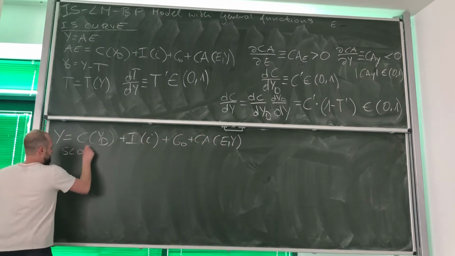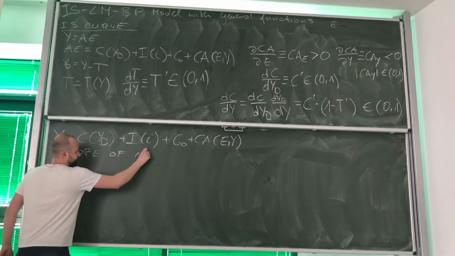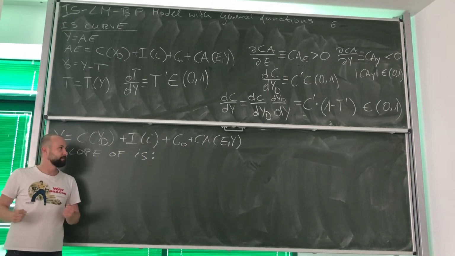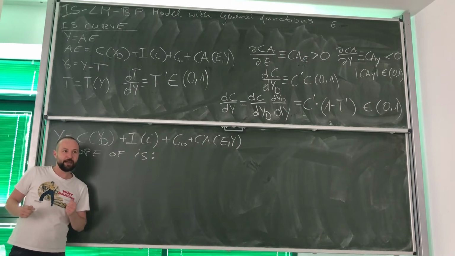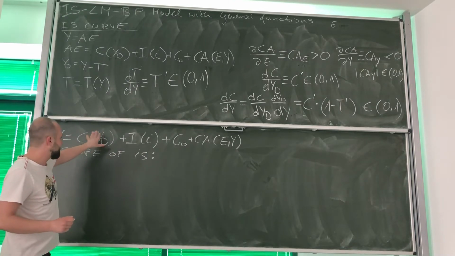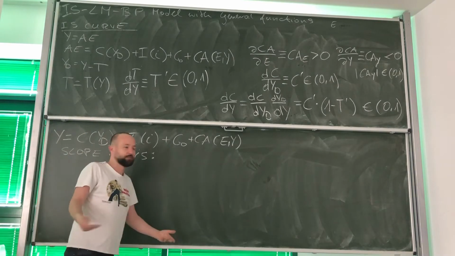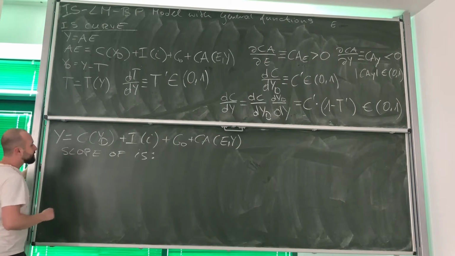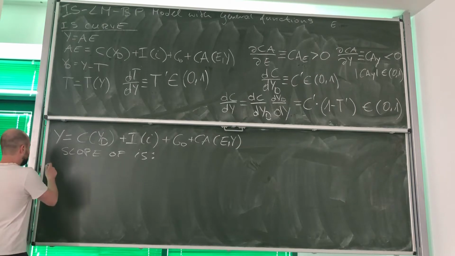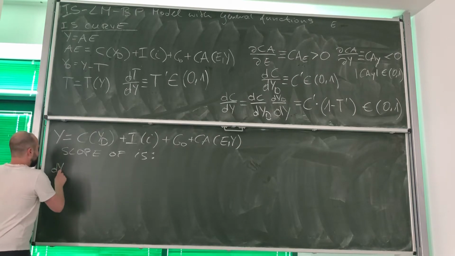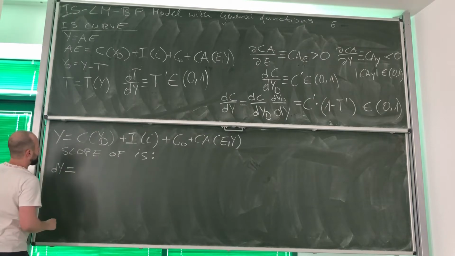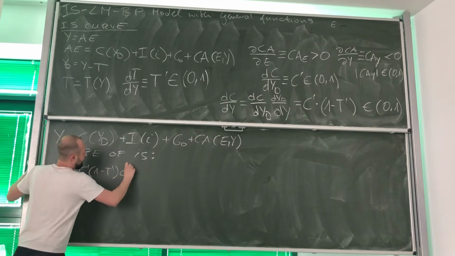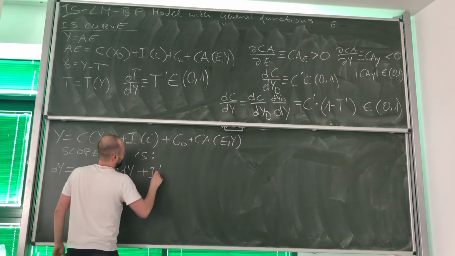So, first thing we do, of course, is that we differentiate this expression with respect to income and interest rate. In this space, we are actually drawing the IS curve. Okay, so how does it go? We've got dy equals C prime times 1 minus T prime dy plus I prime.